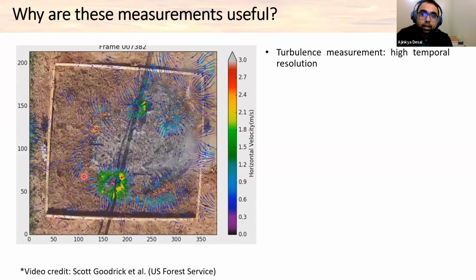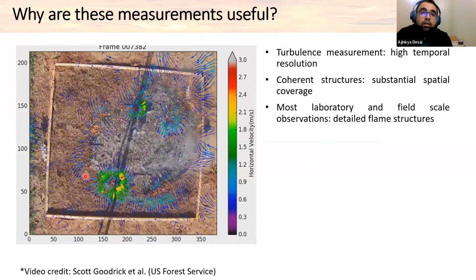Turbulence measurement itself requires high temporal resolution, and being able to observe coherent structures requires substantial spatial coverage. Most of the research that we have so far has studied detailed flame structures, which are useful in their own right. Some examples include buffing in pool fires, and entrainment in premixed flames, useful in their own right.